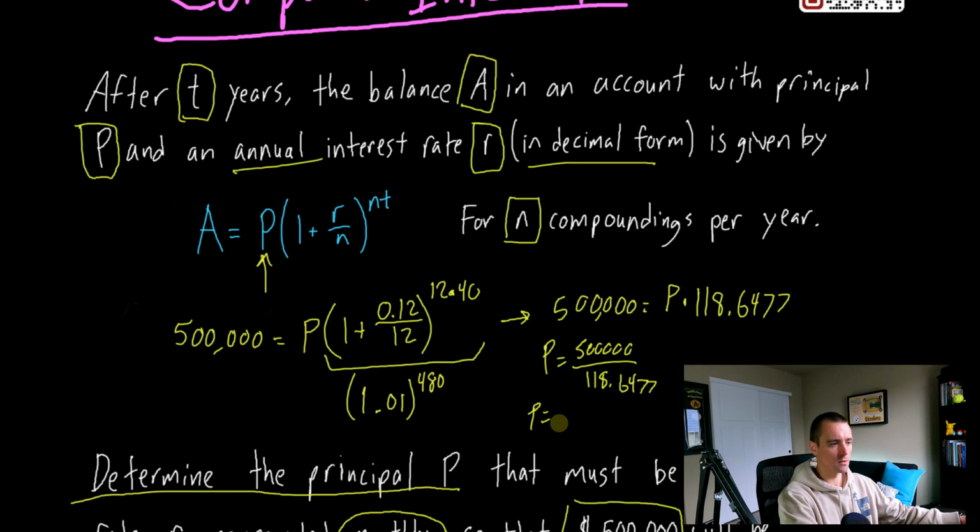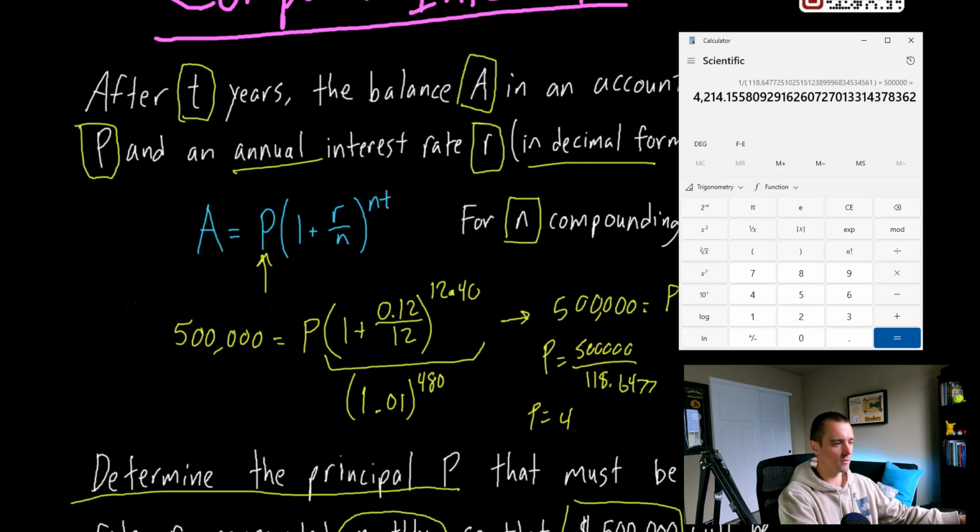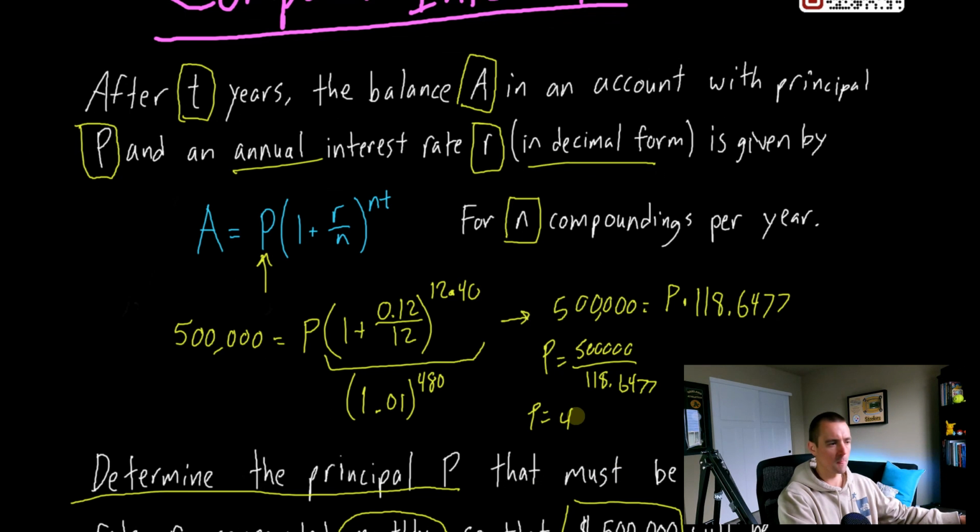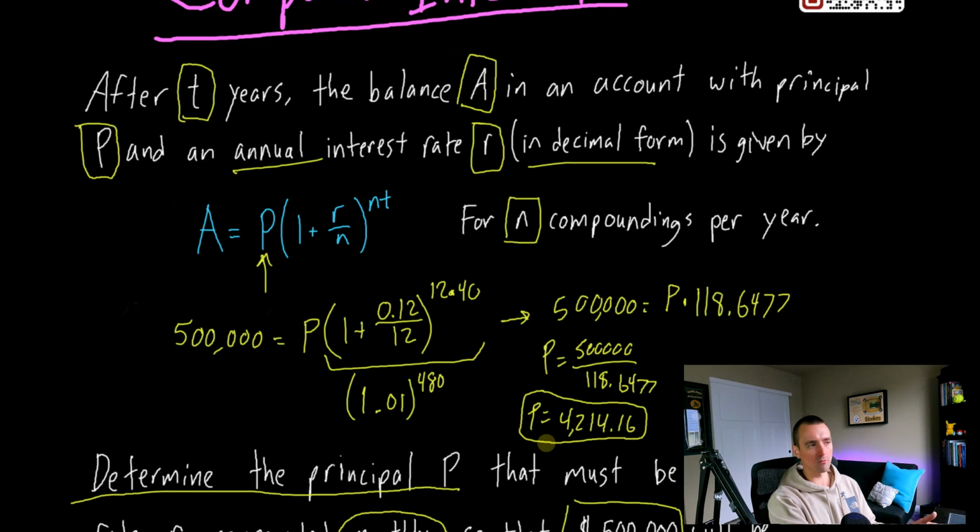So P equals 4,214.16. This is what we would have to invest today if we were getting 12% interest for 40 years, compounded monthly, for it to be worth $500,000. So that would be the answer to this problem.